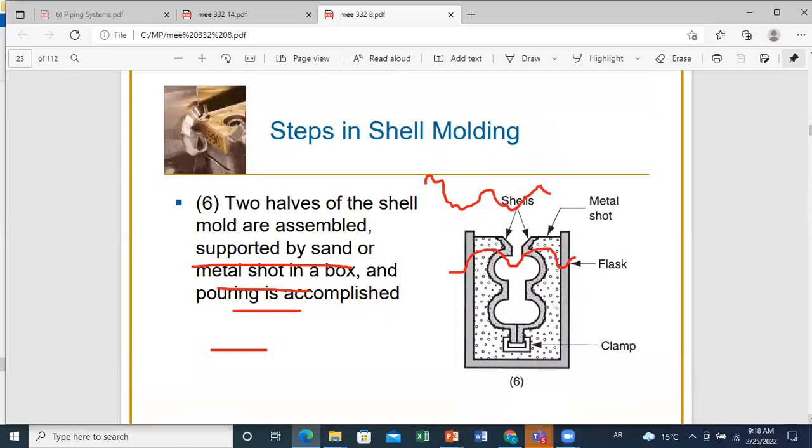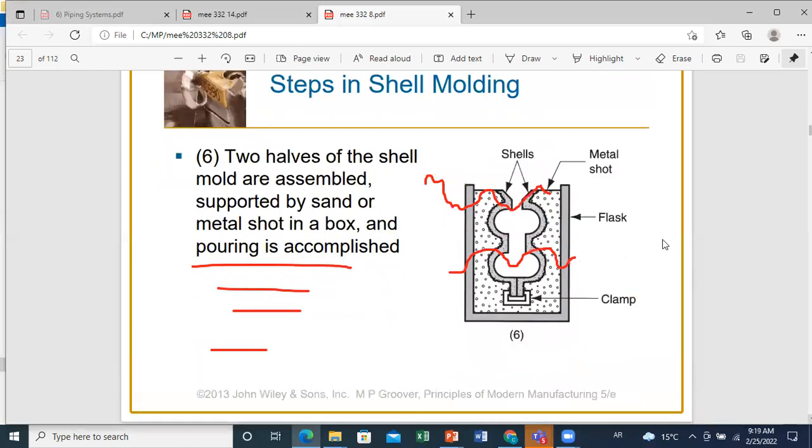Now, once you obtain the desired shape, then you can do, for example, if you have a symmetrical object, you can produce two halves of the shell mold and you assemble them supported by sand or any metal shot in a box, and pouring will be accomplished.